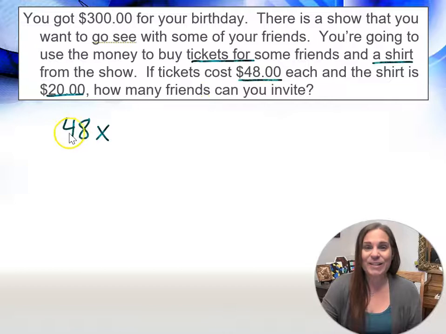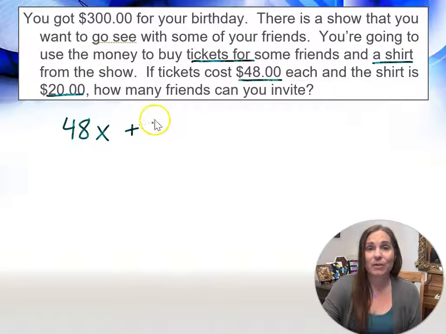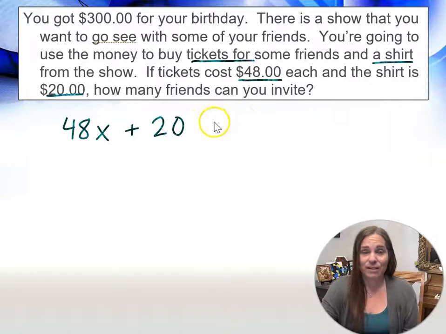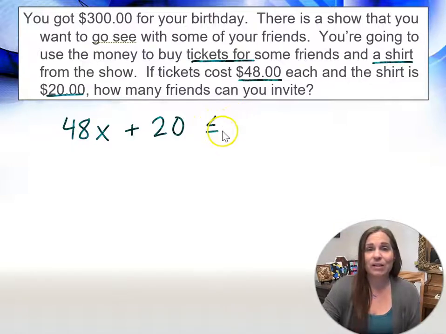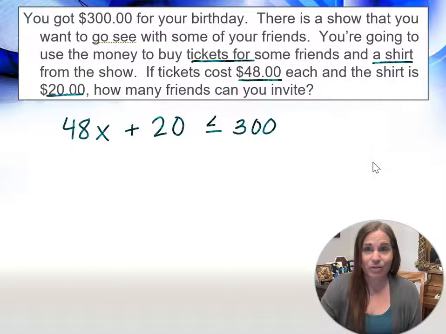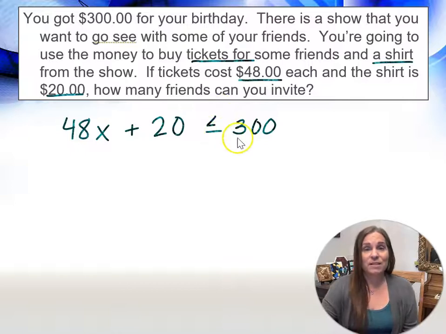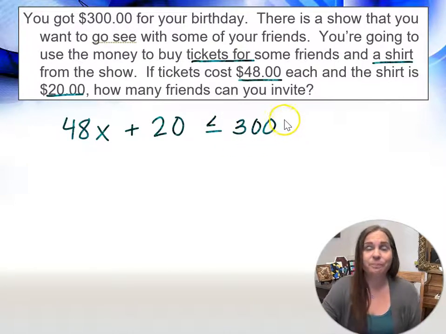So $48 times the number of tickets, plus I'm also going to spend $20 on a shirt, and I need that to be less than or equal to 300. It's okay if I spend less than 300, but I can't spend any more than that. So it has to be less than or equal to 300.